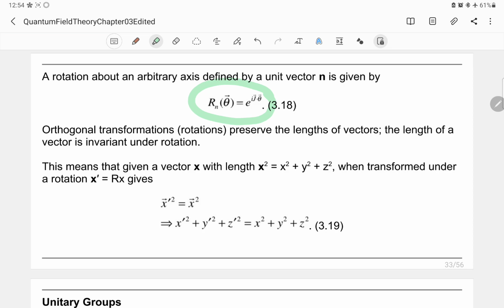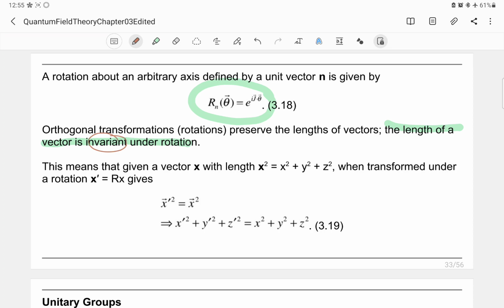Orthogonal transformations preserve the lengths of vectors. So the length of a vector is invariant under rotation. Invariant means it's the same whatever rotation you do.